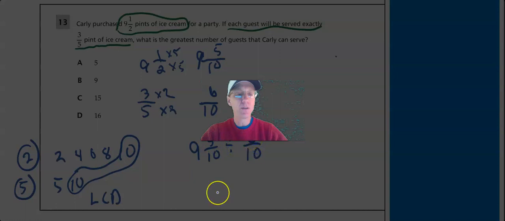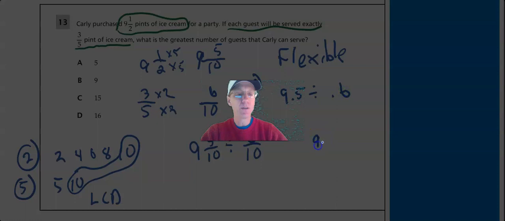So you could draw this and do a bunch of stuff as well, but you could also say, wait a minute, tenths. Here's where you want to be flexible with your numbers. I could just think of this as decimals. So 9 5/10 looks like this, 9.5 divided by 0.6.